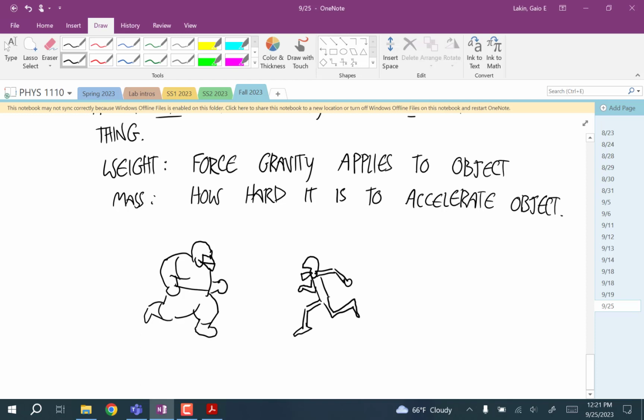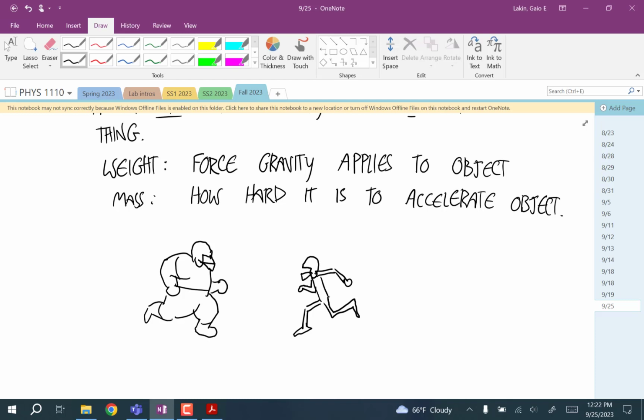What's going to happen when those two collide? While they're running with a constant velocity towards each other, there's no acceleration. Acceleration is when velocity changes. When they collide, there's going to be some drastic changing of velocities. But which one of these is going to have their velocity change the most? The small guy. The big guy is going to basically keep moving in the same direction. He'll slow down a little bit, but the acceleration won't stop him.